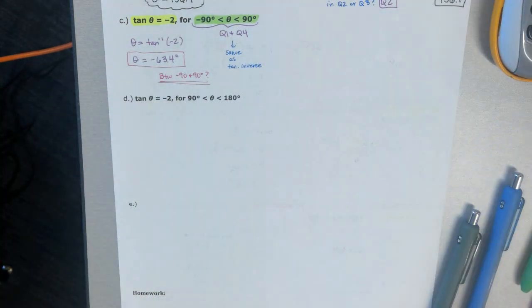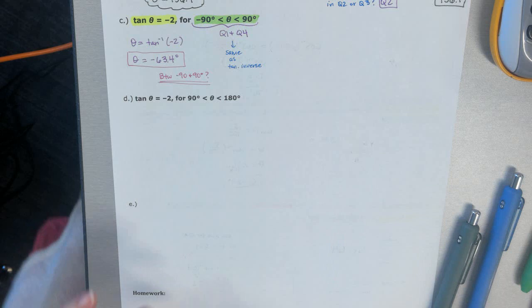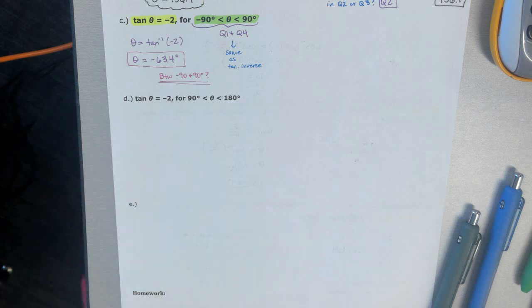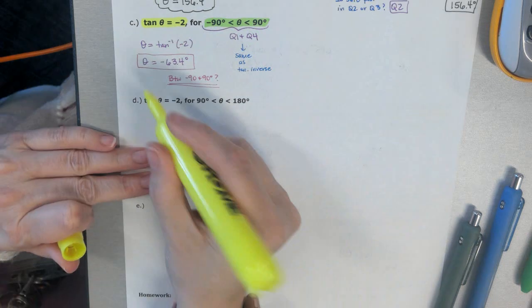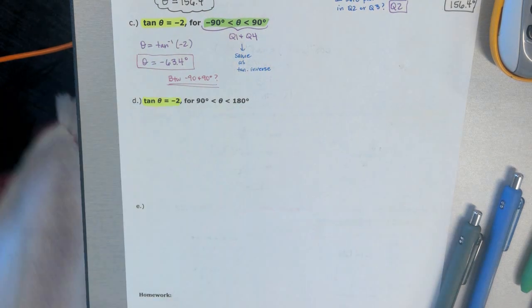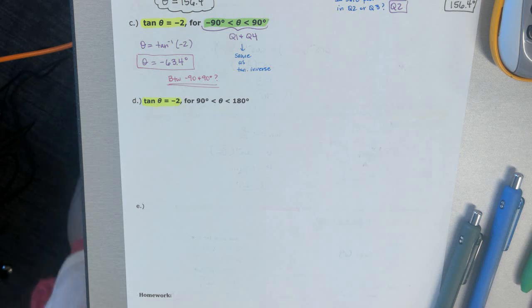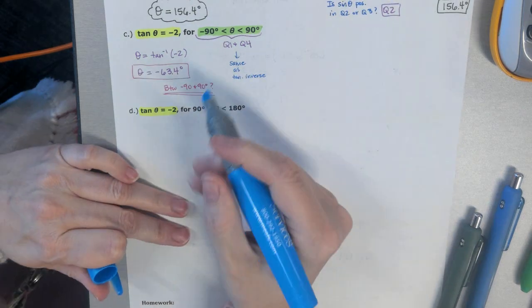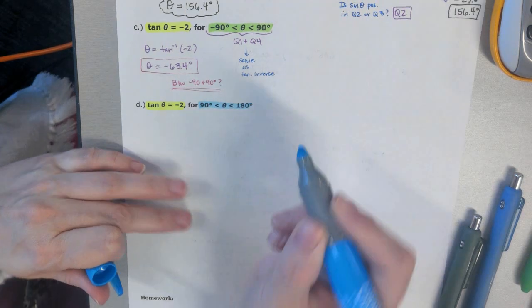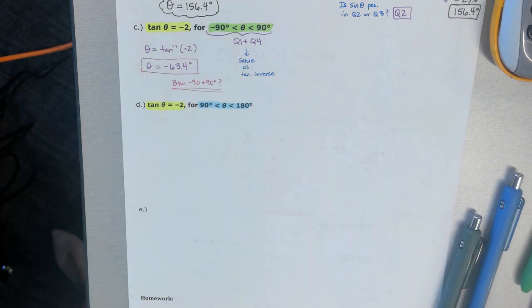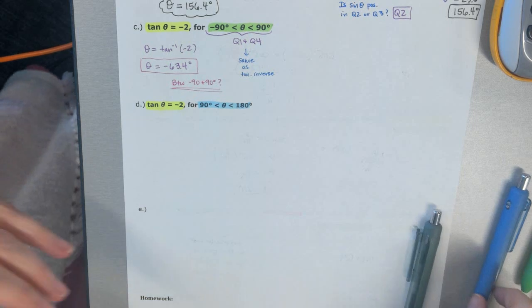Alright, so for D, you have the same equation where the tangent of theta equals negative 2, and then your restriction is from 90 to 180. So what does that cover? Yeah, that's just quadrant 2, okay?